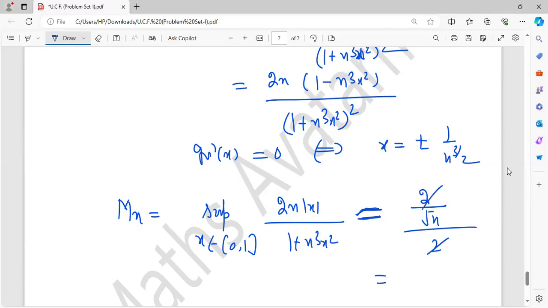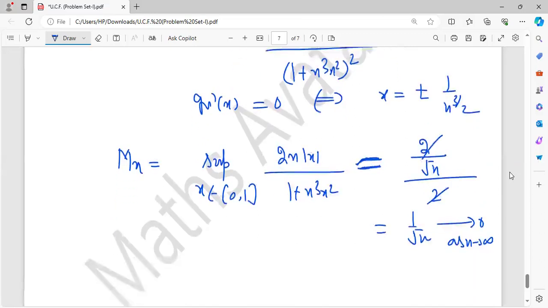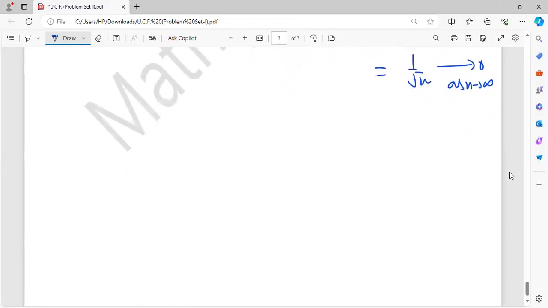So 2 cancels out. And this tends to 0 as n tends to infinity. So Mn tends to 0 as n tends to infinity and is independent of x. It means gn converges to the 0 function uniformly.